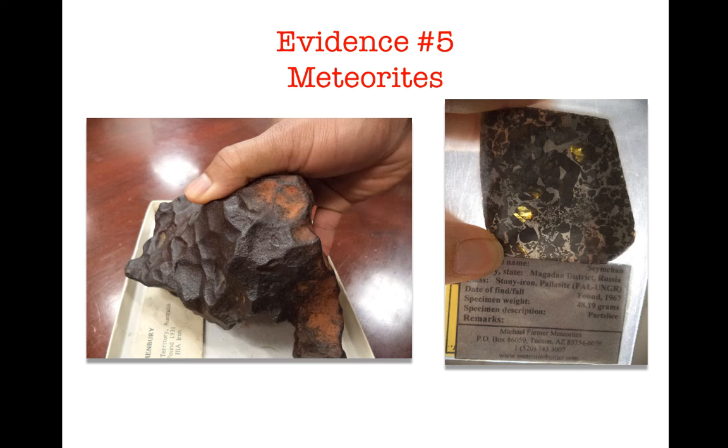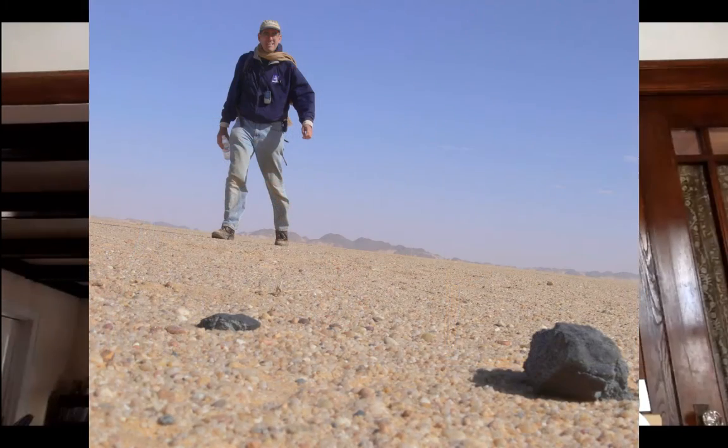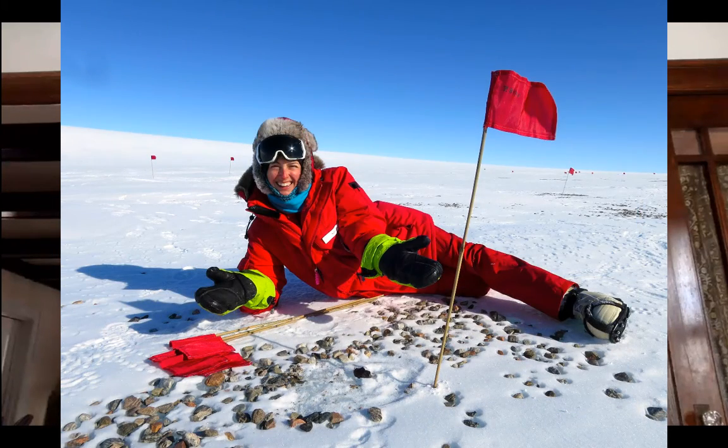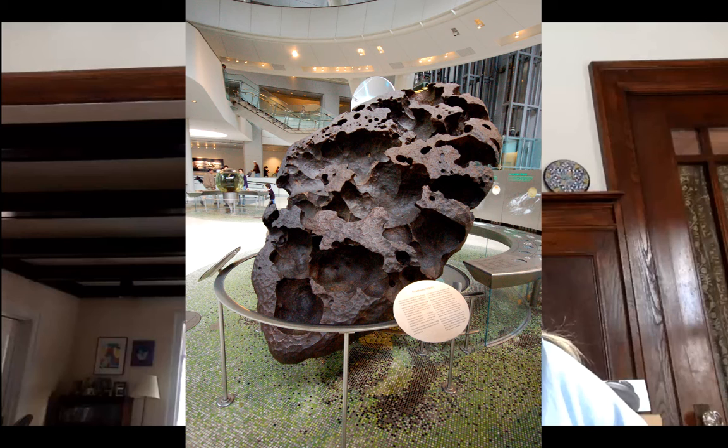And lastly, meteorites. Evidence number 5 is meteorites. Meteorites are extremely dense. We find them around on the surface of the Earth, but as individual pieces. This is a large meteorite that was found in Arizona, and it's in the American Museum of Natural History. It's taller than a human.